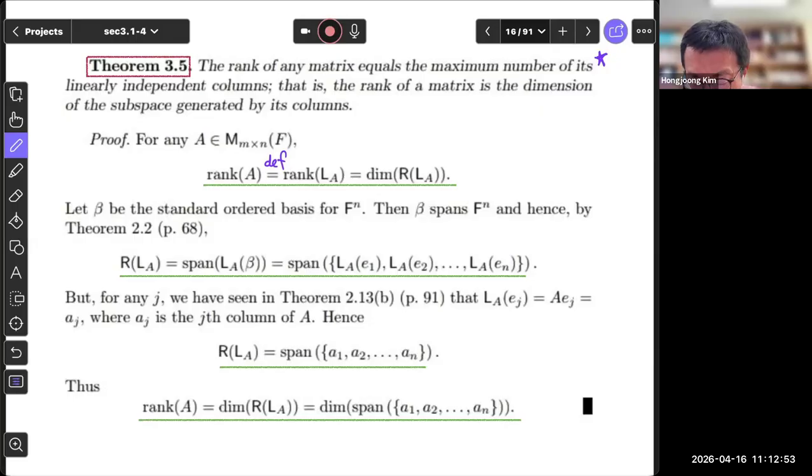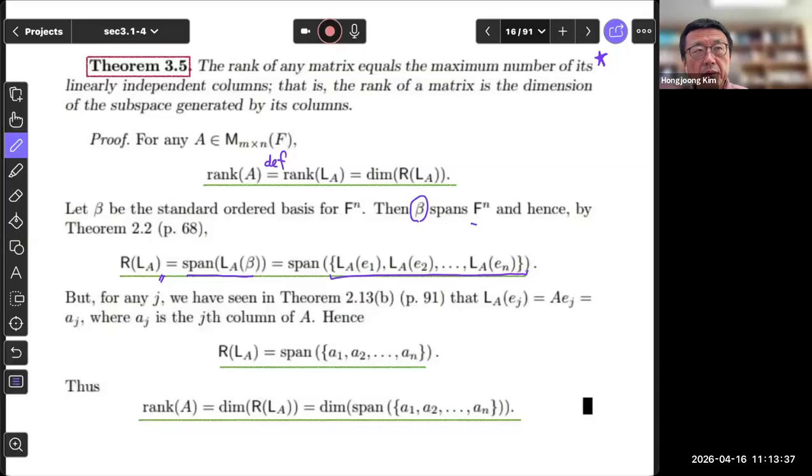Now, suppose that beta is the standard ordered basis for Fn, and this beta, as a basis for Fn, spans Fn. So the range of left multiplication by A is the span of L sub A of beta, and that is defined by the span of this set.